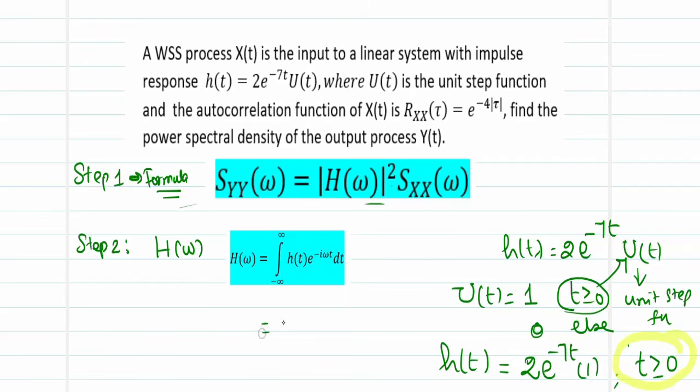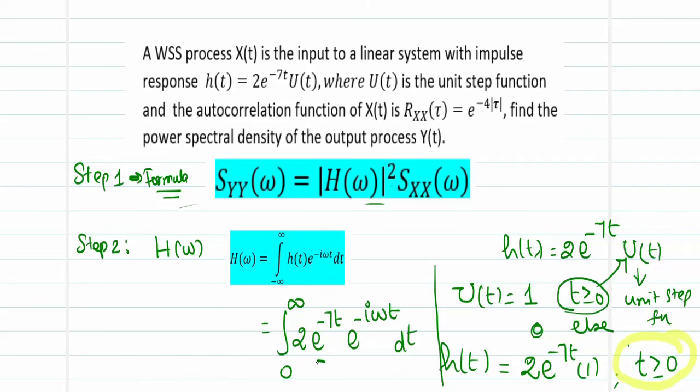So I have this as integral with t varying from 0 to infinity of h of t, which is the input. What is the input? 2 e power minus 7t, and then you have in the formula e power minus j omega t, and then this has to be integrated with respect to dt. We need to keep in mind or recollect the hints which we have learned from videos number 1 to 4.